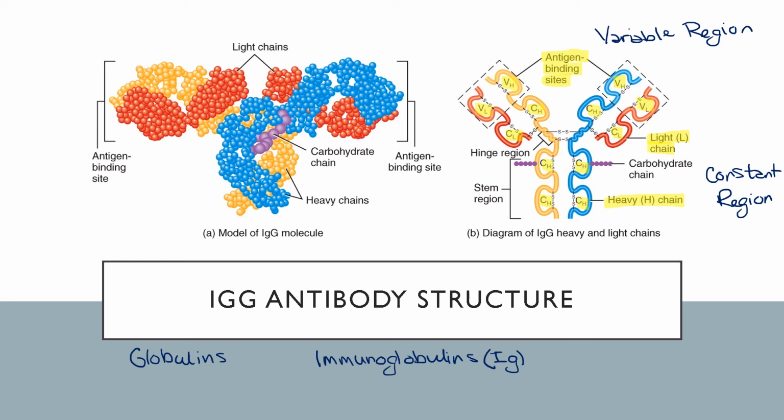This part of the antibody is responsible for the type of antigen-antibody reaction that occurs. So essentially, the constant region is responsible for how we're going to combat a specific antigen.